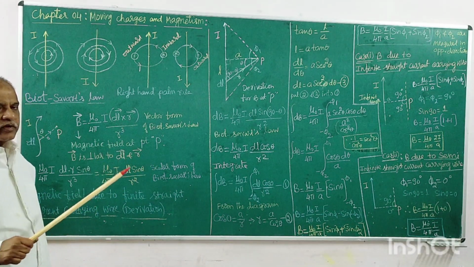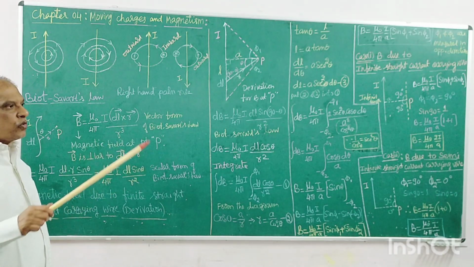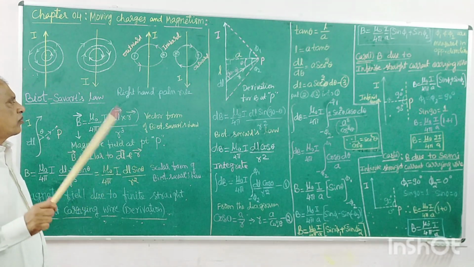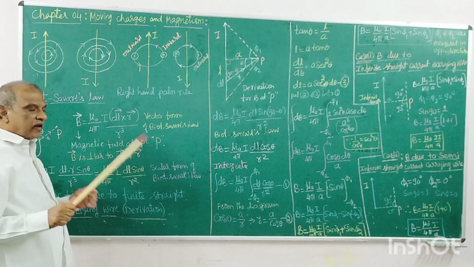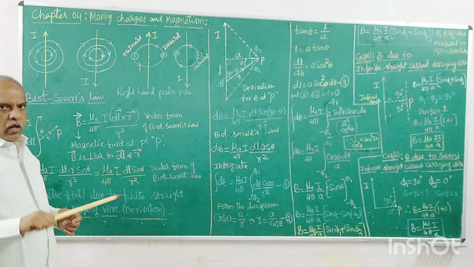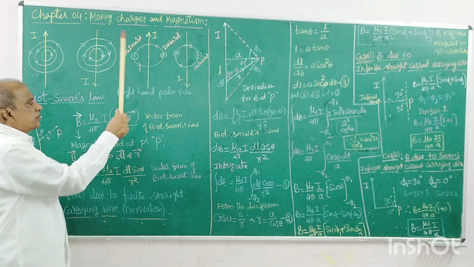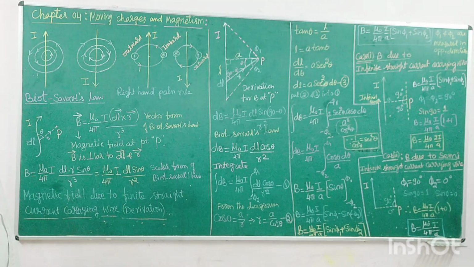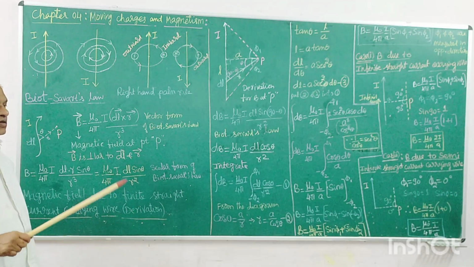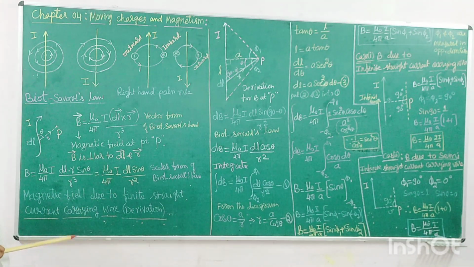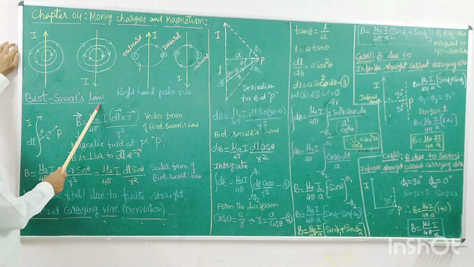How do we estimate the amount of magnetic field at that point, or how do you calculate the amount of magnetic field at any point in the space? That is given by a mathematical law or mathematical statement in physics. That mathematical law is Biot-Savart's law.